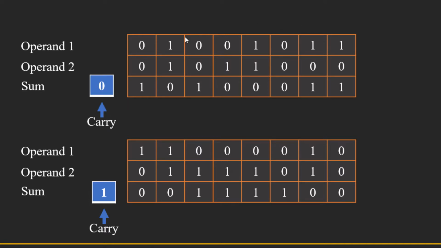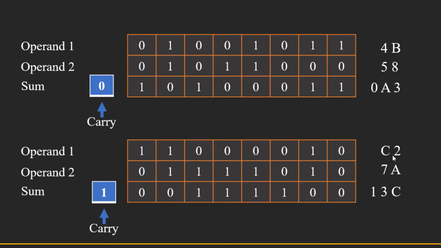So here you find that the result is 8-bit and that should be sufficient to represent your addition, but then the result will not always be 8 bits. It can spill over the 8 bits and the 9th bit is generated, and that is the carry bit. As a result, if you write these numbers in hex, then you find that this is 4B and 58. The sum is 0A3.